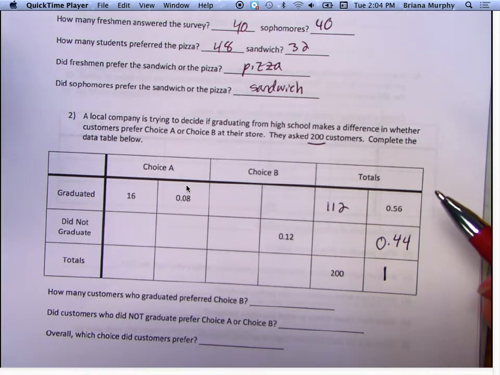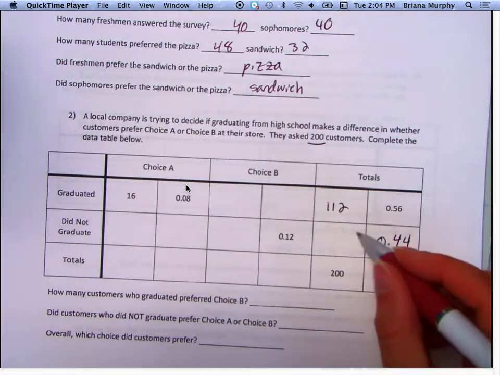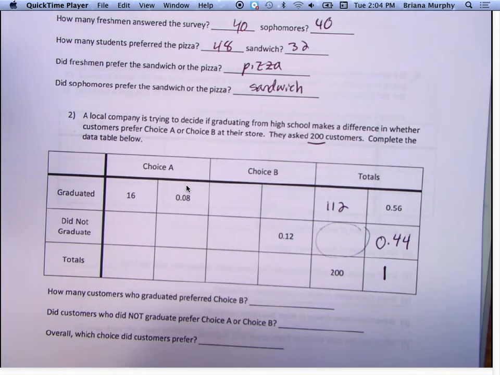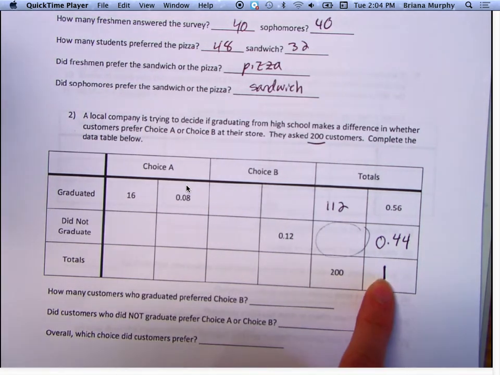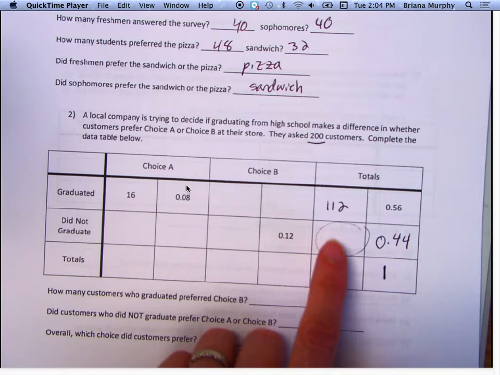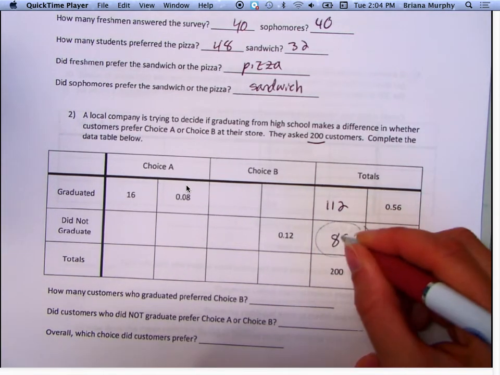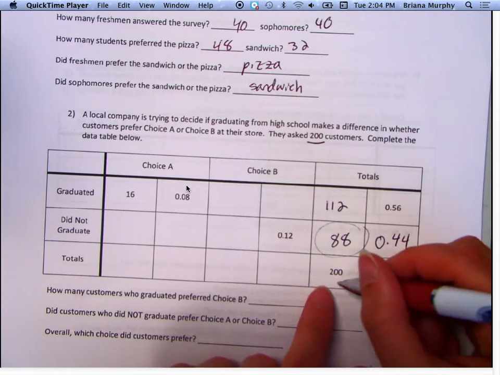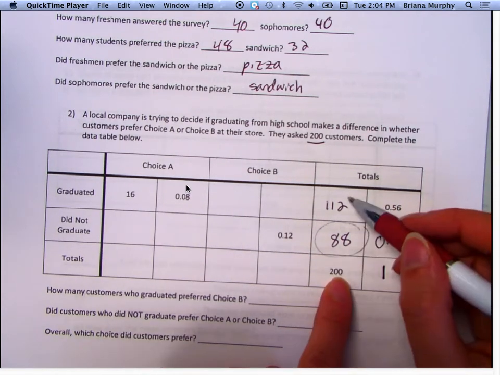Yeah. So there are 2 different ways to find this missing number right here. This can't be 88. This always has to be 1 because we have to do 100%. So we could do 0.44 times 200, or we could do 200 minus 112.